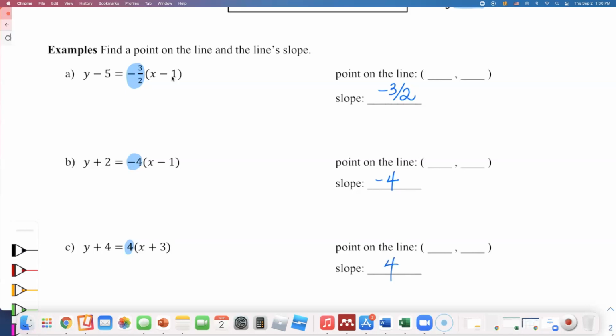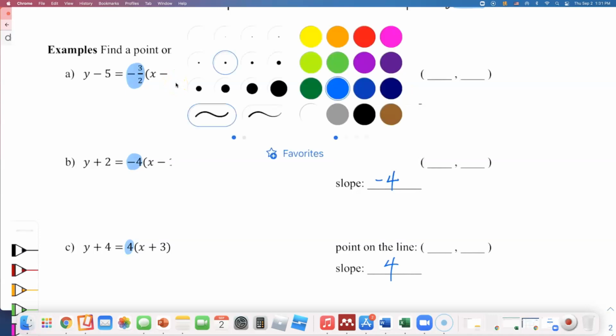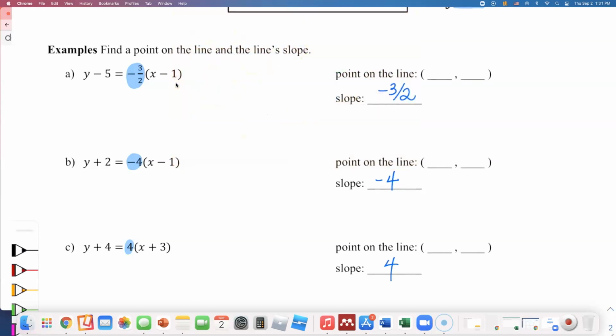All right, what about the point though? So for the point, you have to be careful because you have to use the opposite sign, remember? So let me go ahead and highlight some of these. What's being subtracted from x? 1 is being subtracted from x, so the x coordinate is 1. Because I saw a -1 here, I put the x coordinate is +1.